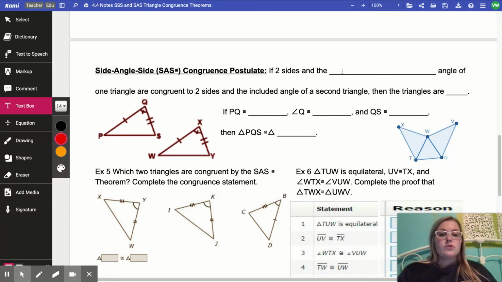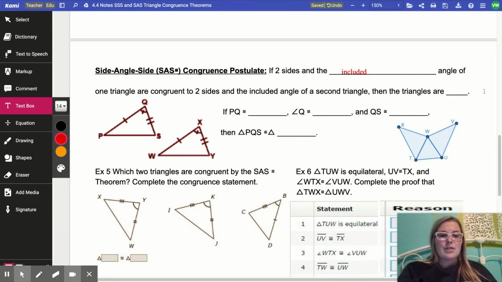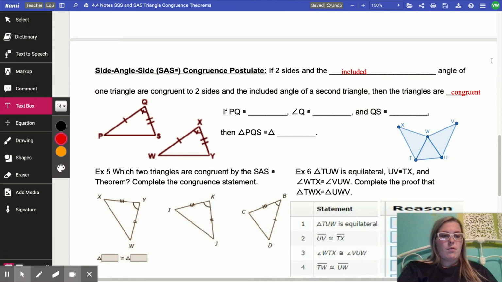If two sides and the included angle of one triangle are congruent to two sides and the included angle of a second triangle, then the triangles are congruent. Let me just say it one more time.